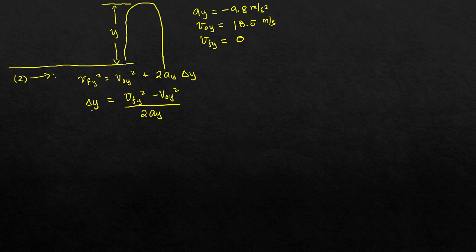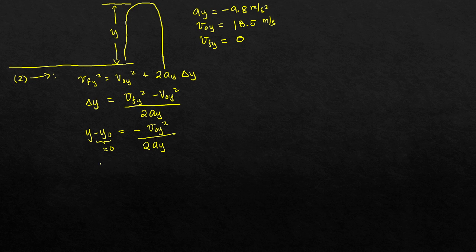You should also note that delta y is y minus y naught. If we plug in the value for vfy, that would be 0, so that would be negative v naught y squared all over 2ay. And since we are considering that the starting point is at the rooftop, we can set y naught equal to 0.